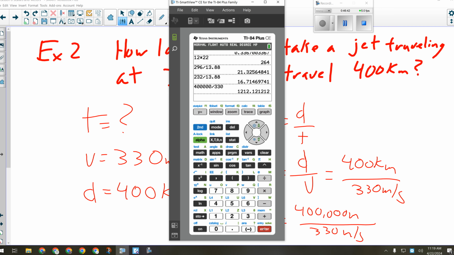That takes 1,212.1 seconds. That's just over 20 minutes. 20 minutes to go 400 kilometers. Is that fast? That's super fast. 330 meters per second, that's fast.